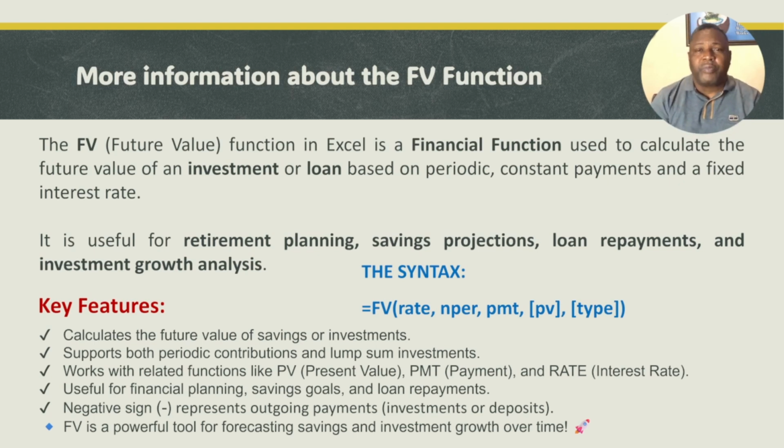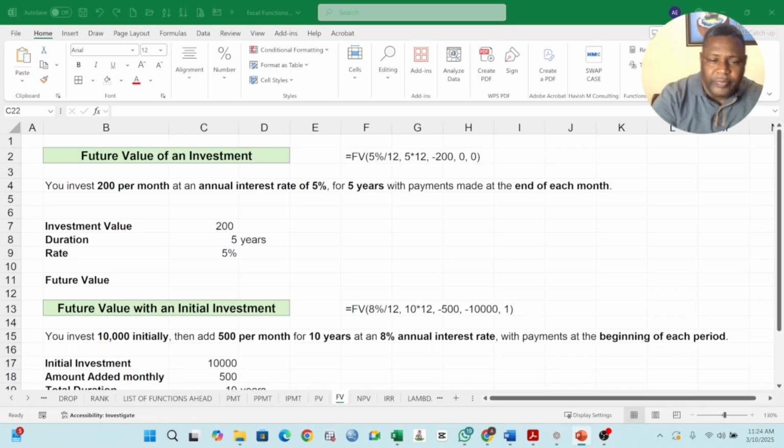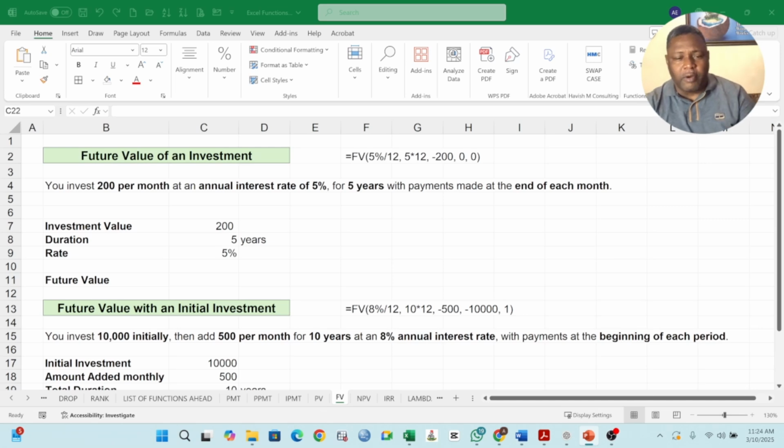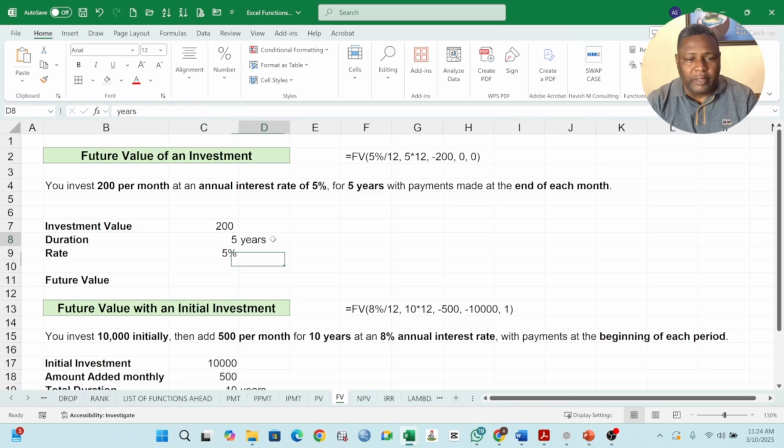So the future value is a powerful tool for forecasting savings and investment growth over time. Now, let us look at the Excel worksheet for some examples on future value.